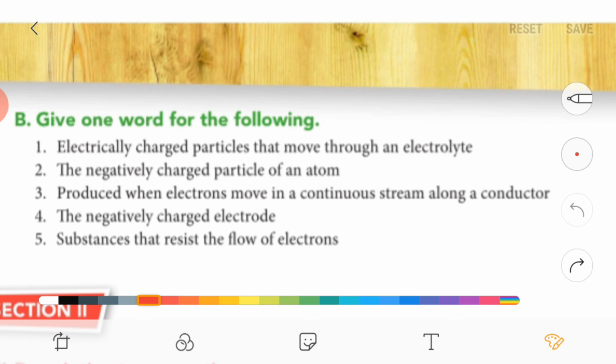Now fifth one. Substances that resist the flow of electrons. So it is insulators.